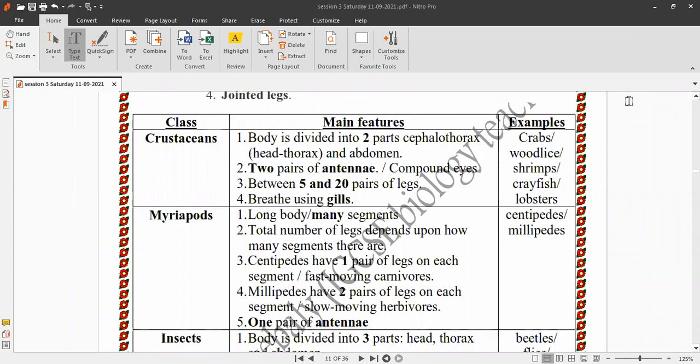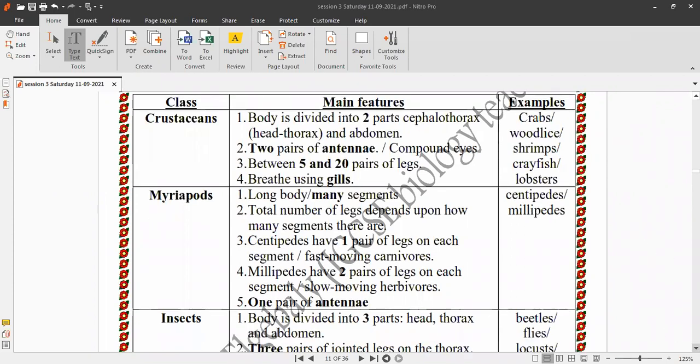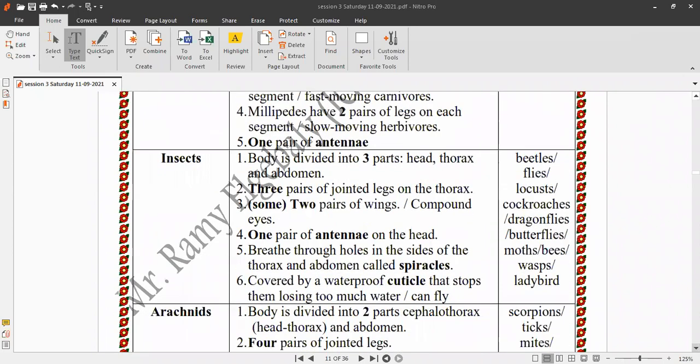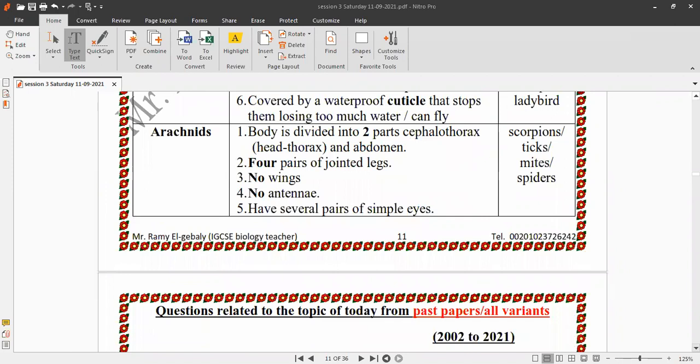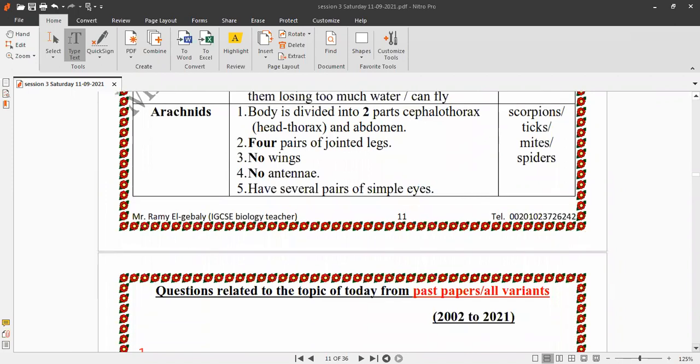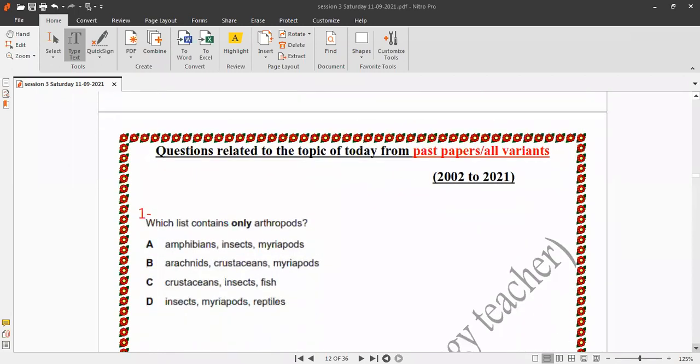This part is cancelled, and it has been cancelled for many years, not only this year. Look at the past papers from 2007, 2008.